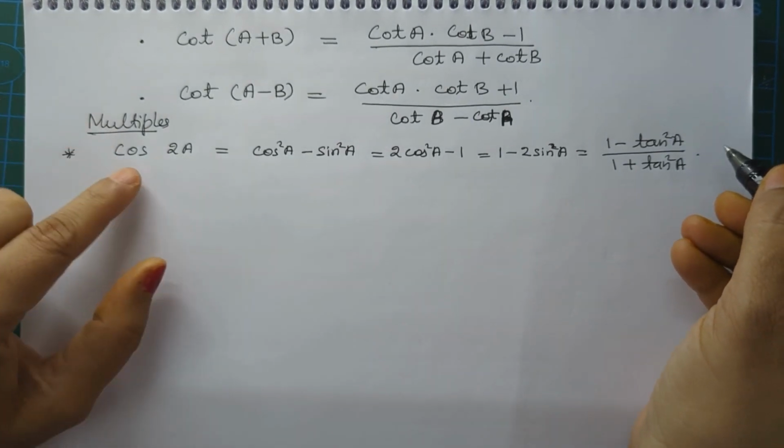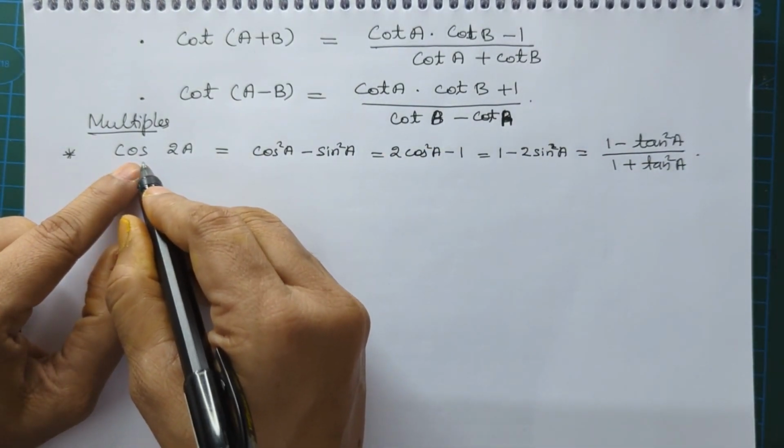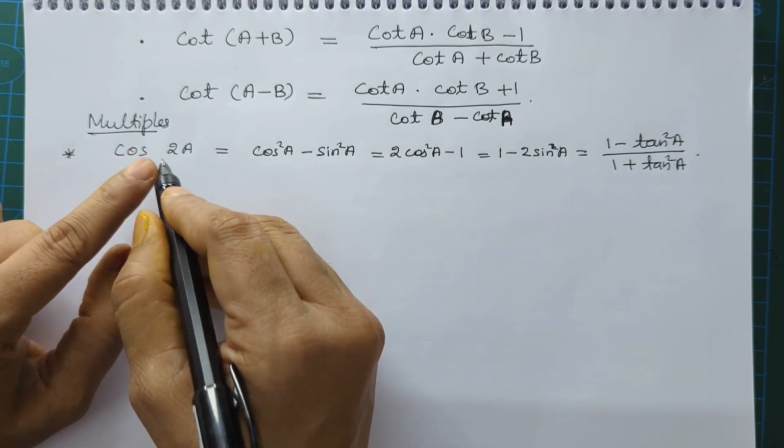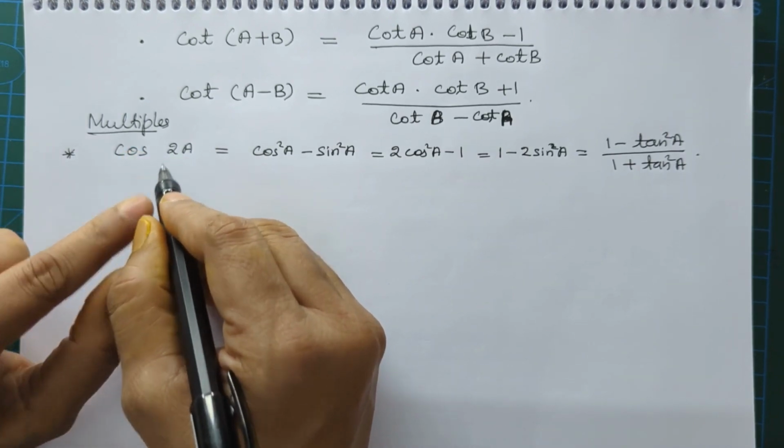How to derive this formula? It will be derived from the cos(A+B) formula, where we write cos 2A as cos(A + A), meaning B is actually A.